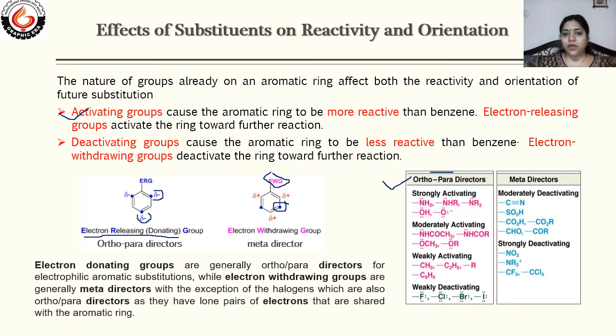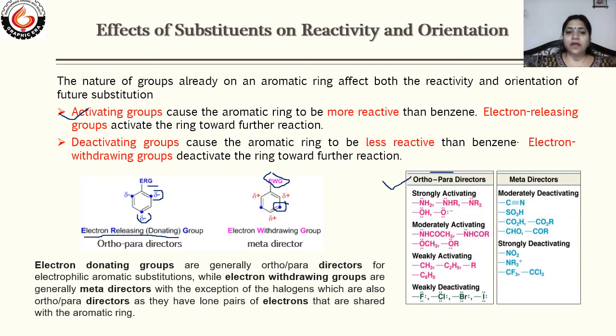So in electron withdrawing group case, the electrophile will attack on the carbon at meta position, and if electron releasing group is present on the benzene ring, in that case the electrophile will attack on the ortho and para position. So activating groups or electron releasing groups are ortho-para directors, and electron withdrawing groups or deactivating groups are meta directors.